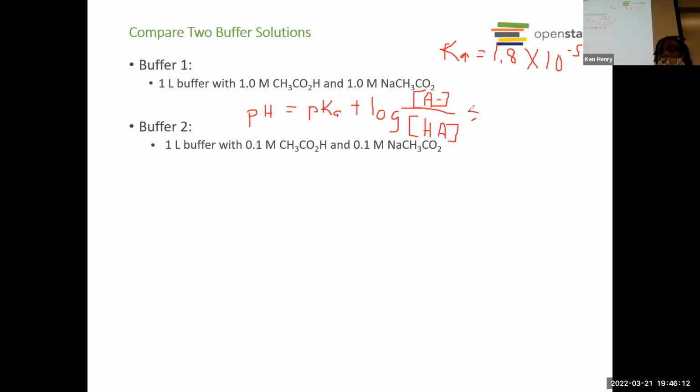Okay. So 1.8 times 10 to the minus 5, plus log of 1/1, which would be... so log of 1/1.